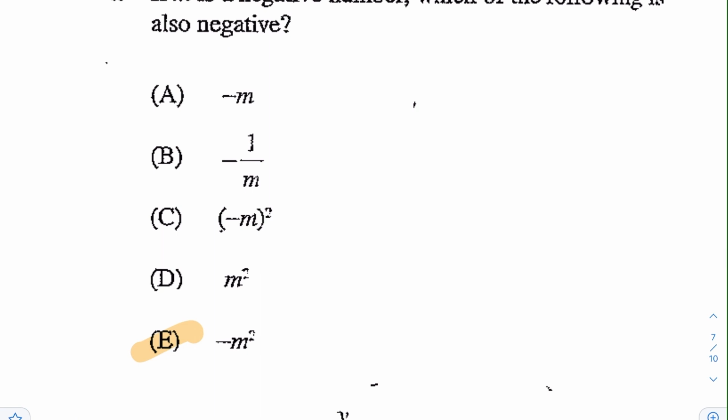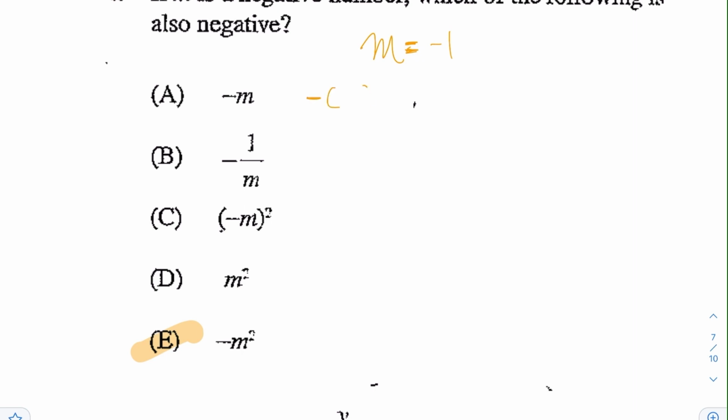All right, next for question number 4, if m is a negative number, which of the following is also negative? So if m is a negative number, what you can do is substitute in any negative number. Let's say negative 1. And you substitute it in, and you want to know which one has to be negative. So for choice A, for example, you have negative m.